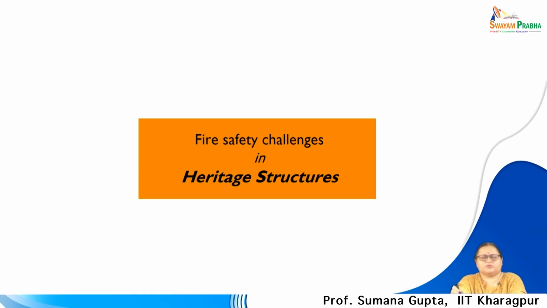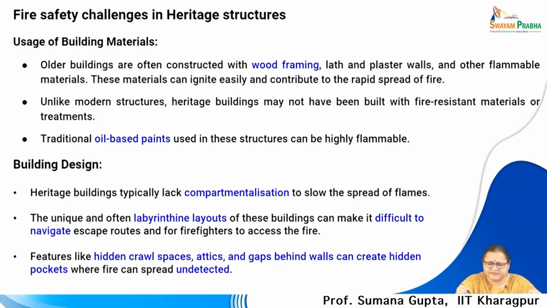With that, we move to the next type, that is heritage structures, which also includes museums, which are old structures. Now, after completing the assembly buildings, we come to heritage structures, which are very old in nature. Very old structures may be made with wood, that is also a point of concern, and in many cases there are labyrinth kinds of zones, that means interconnected spaces.